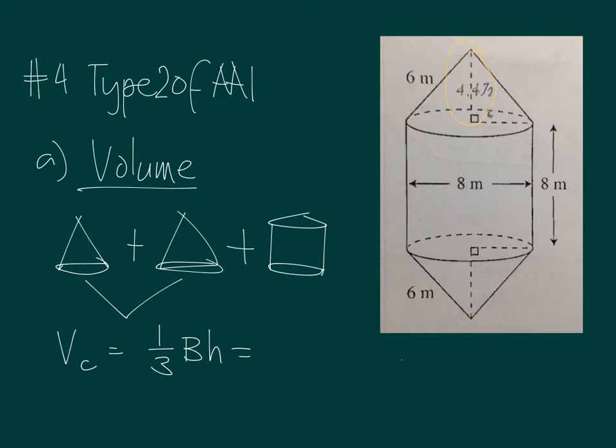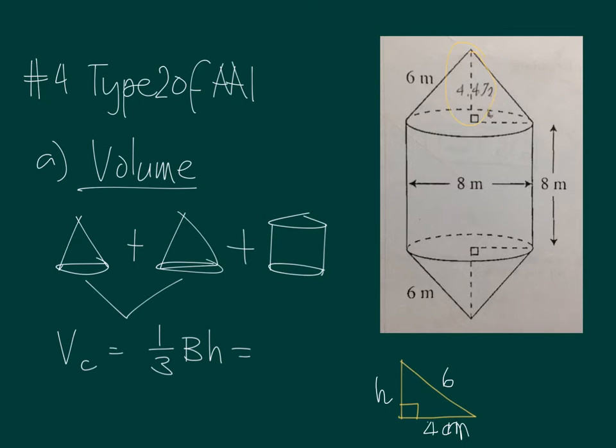Here is the key. You need to see that there is a right triangle inside the cone. It's here, okay? There's a right triangle there. This side of the triangle is just the radius of the cone or the cylinder. Since the diameter of the cylinder is 8, the radius, or this side of the triangle, is 4 m. We don't know the height of the triangle, but we know that this is 6.